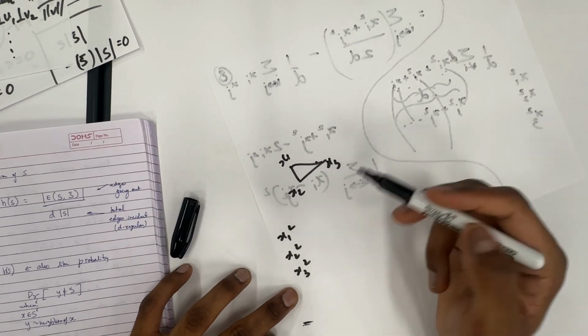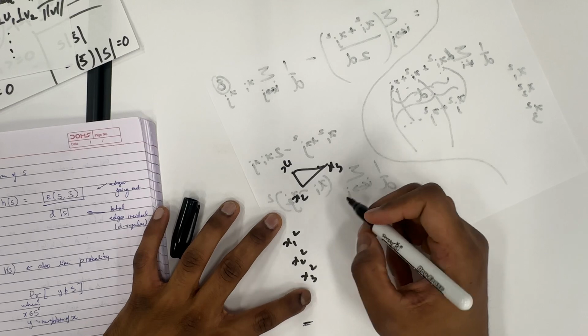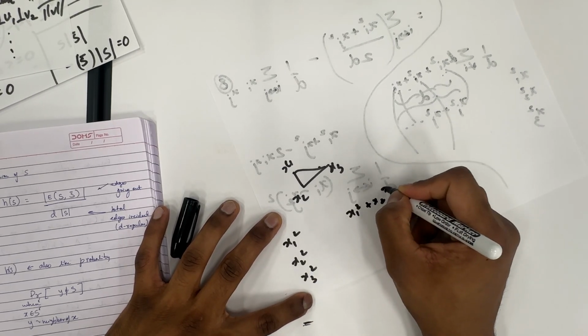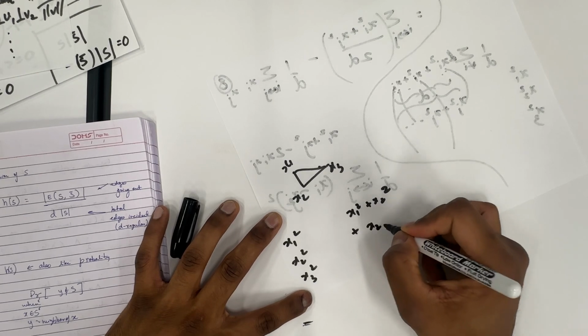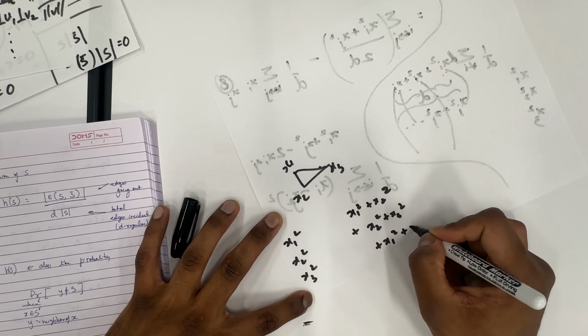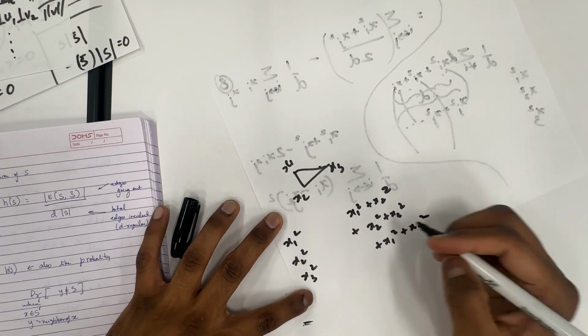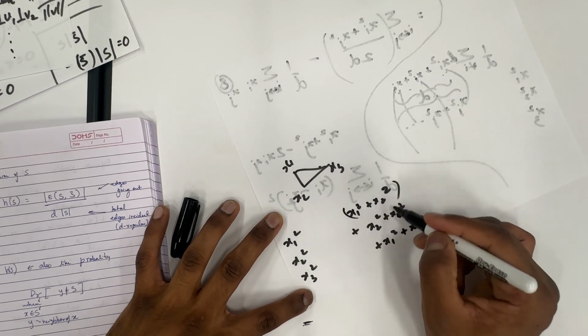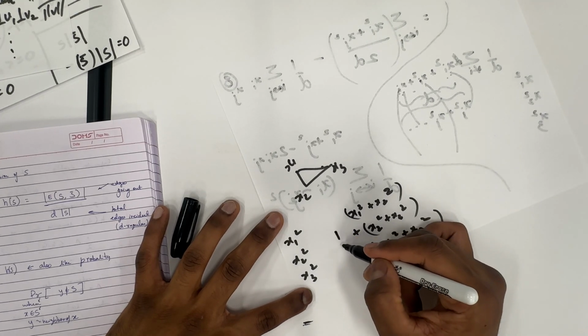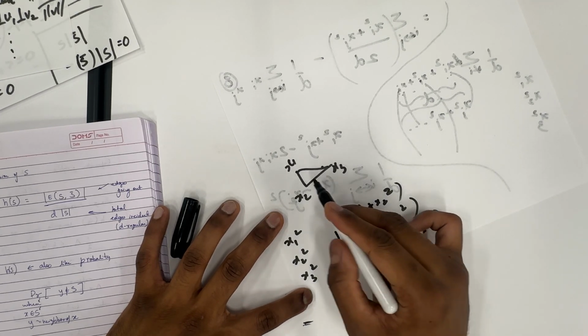To write x1, x2, x3 square, what they are saying is you can either write x1 plus, or you can write x1 square plus x2 square plus x2 square plus x3 square plus x1 square plus x3 square. So basically every ij, and then you divide by 2, and then you divide by the degree d.